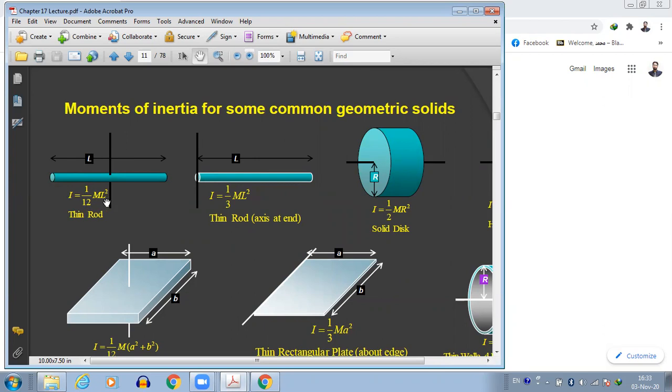If it is the same thin rod, but the axis of rotation is not in the center, rather it is at one end, then again this object is considered a discrete object, and the moment of inertia would be I is equal to 1 by 3 mL square.